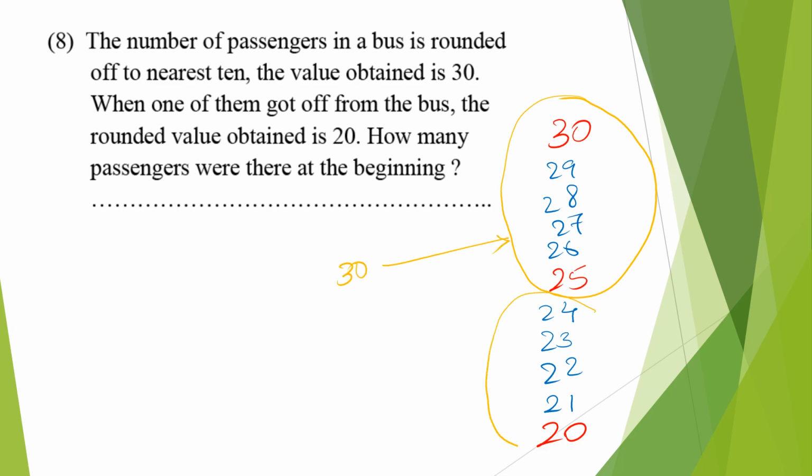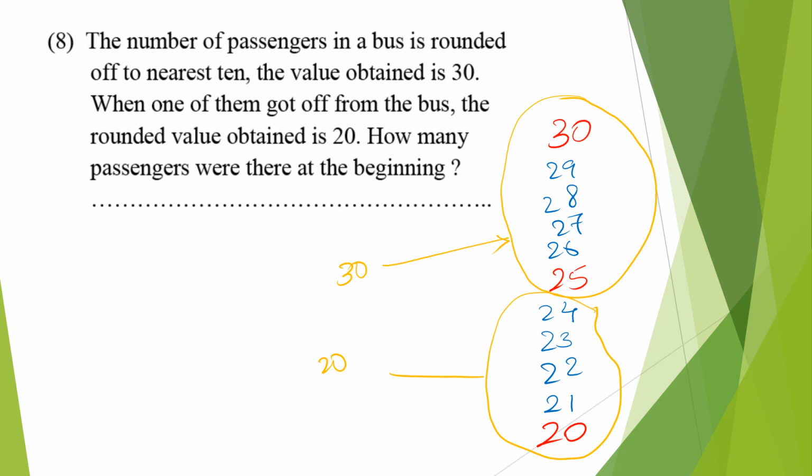If you round off these numbers, they are going to be 20. So let's say the initial number of passengers was 26, then one is taken off, and then it is 25, and then still the rounded off value should be 30.